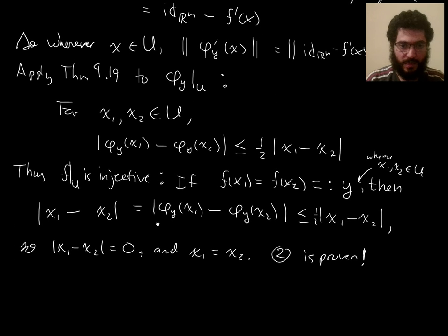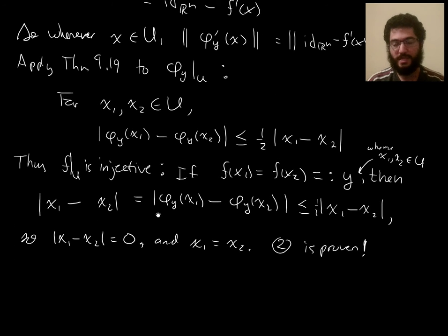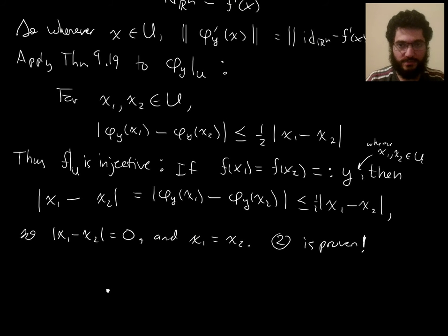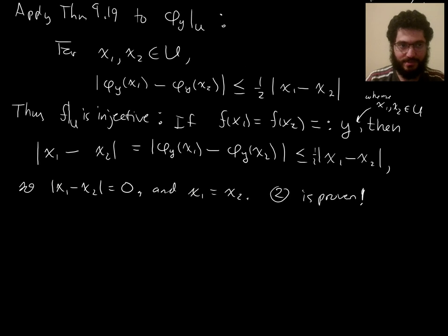So we will have to restrict to a smaller set, smaller than U, which as a metric space is complete, and which phi sub y definitely maps into itself for some y. That's the situation that we're going to put ourselves in. I haven't brought in a y yet, so that probably doesn't make sense, but let's just start with the proof of 1.